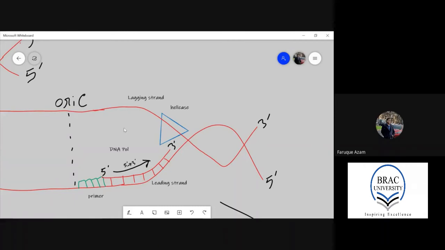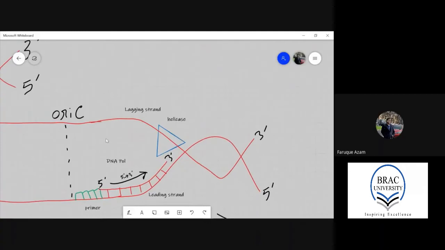So the direction of the synthesis, the direction of the reading, will have to be from 3 to 5 prime end. If you consider 3 to 5 prime end movement, that is from right to left, because the right side is the 3 prime end and the left side is the 5 prime end.